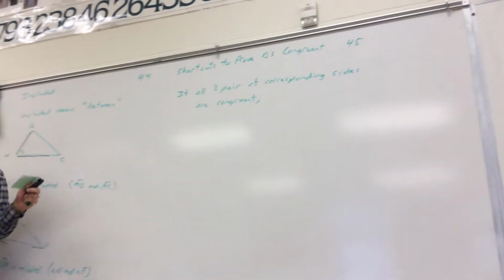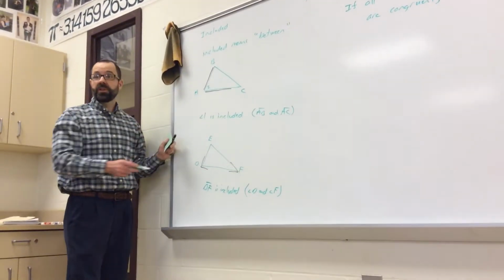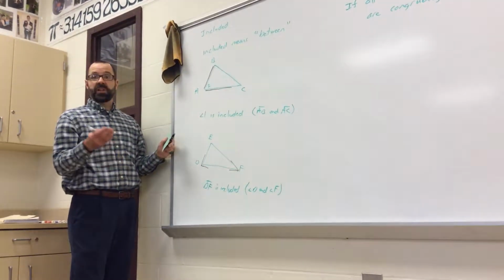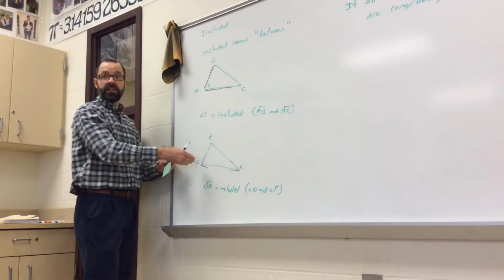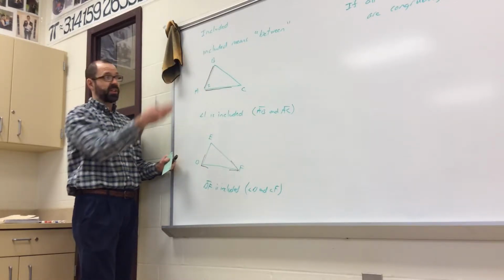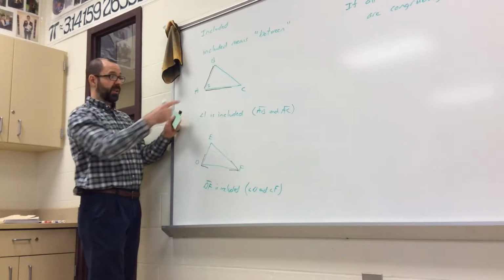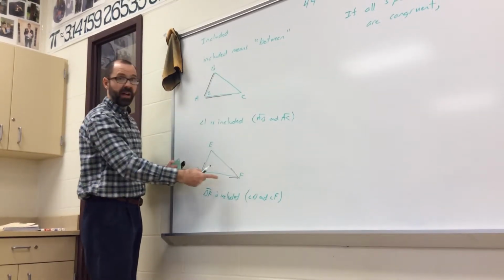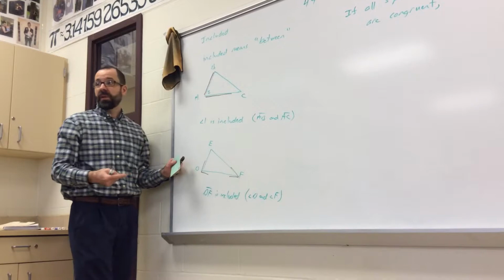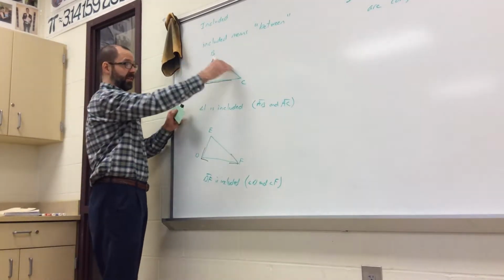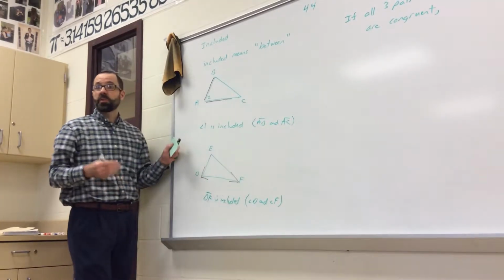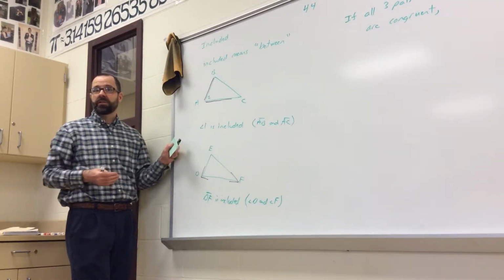So let's say we were trying to figure out if this triangle was congruent to this one. Then we could measure this side and measure this side and see if it matched up. Let's say it does. And then we could measure this side and measure this side and see if that pair matched up. And let's say it does. And then let's say this side matches up with that side. So we have three pair of sides that are congruent.